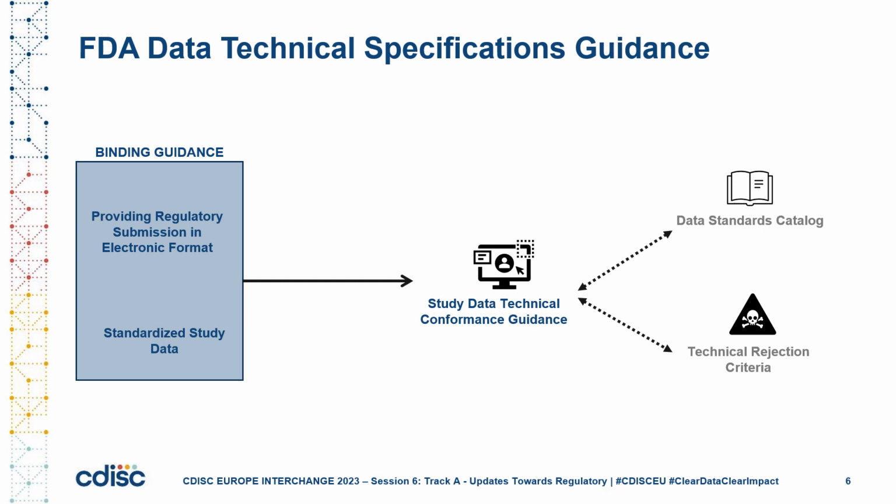For the time being, it's a bit limited in scope. But if the data packages submitted by the sponsor fail any of these technical rejection criteria, the data sets are not made available to the specific reviewer assigned to your filing, and therefore the submission is put on hold. So we have to pay attention to not failing those criteria.